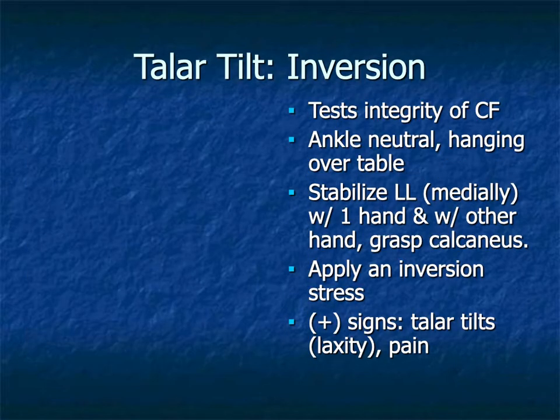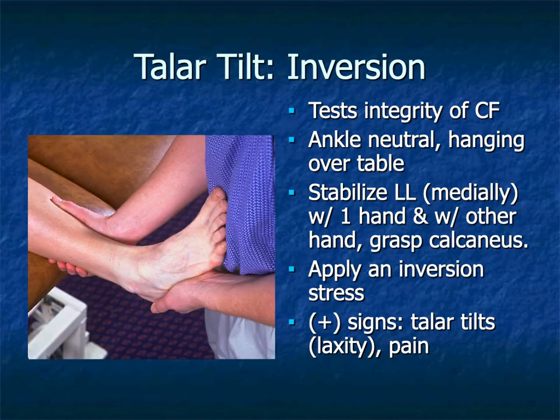Next one's the talar tilt inversion. This tests the calcaneofibular ligament. Again, the ankle's hanging off the table. It's in a neutral position, which is called the open pack position. We're going to stabilize the tib and fib, and we move the ankle with an inversion stress.